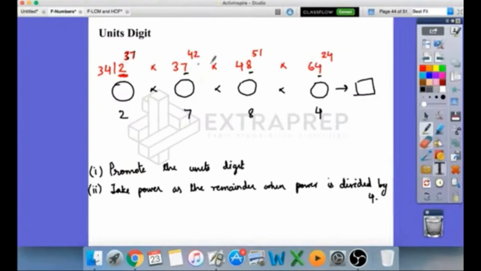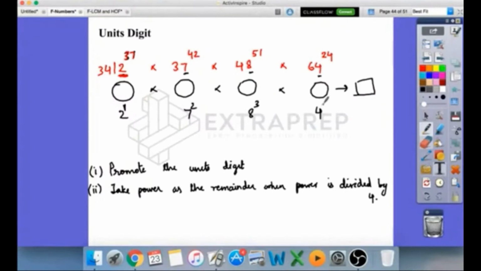You'll have to divide these powers by 4 and take the remainder. So 37 divided by 4. What's the remainder? 4 goes 9 times, 36 gone. How much is left? 1. 42 divided by 4. What's the remainder? 4 goes 10 times, 40 gone. How much is left? 2. 51: 4 goes 12 times, 48 gone. How much is left? 3. Now 24: 4 goes 6 times.